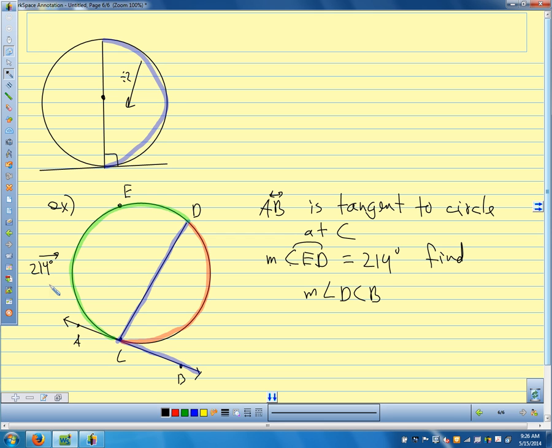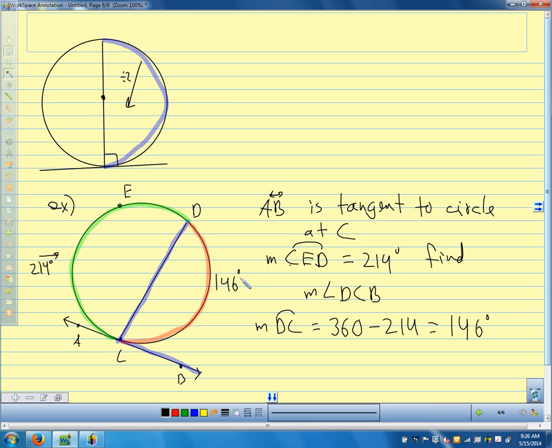So what are we going to do? All the way around the circle is 360 degrees. We know this part is 214. So to figure out what's left for this part, we subtract. The measure of arc DC is 360 minus 214, and we get 146 degrees. So this arc is 146 degrees.